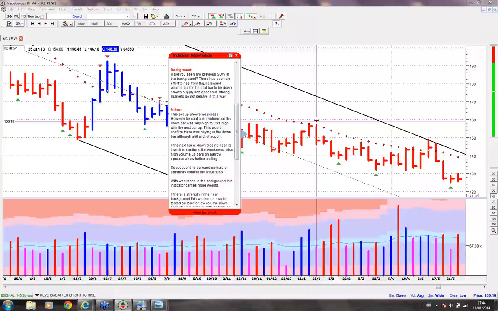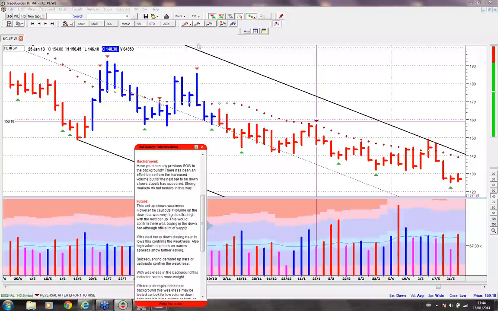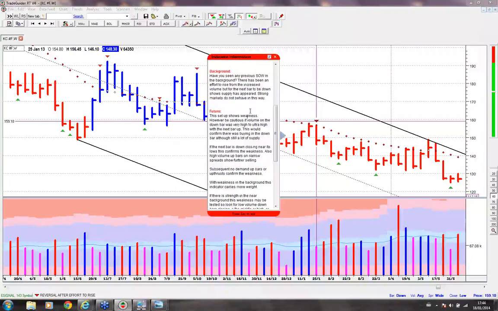Background. Have you seen any previous sign of weakness in the background? Yes, I have, Tom. There's an upthrust and there's supply, and we're in a downtrend. Yes, Tom, I have seen that. Okay, there has been an effort to rise from the increased volume, but for the next bar to close down shows supply has appeared. Strong markets do not appear in this way.